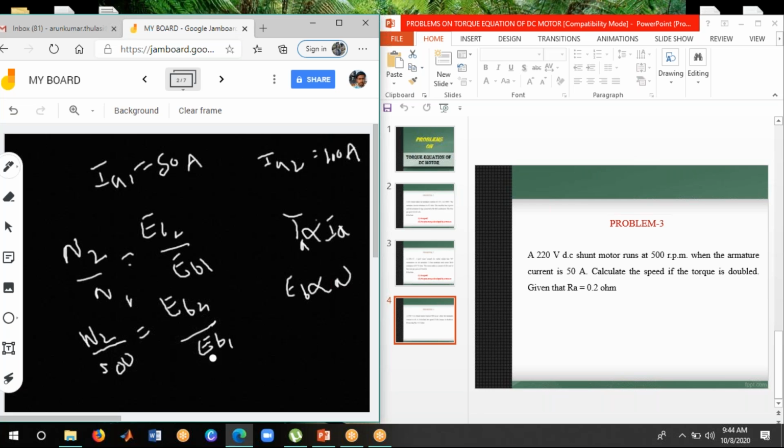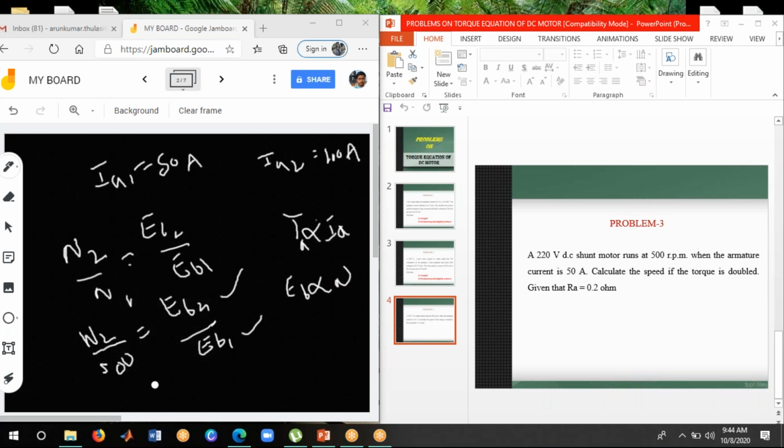Now how can we find these two values, EB2 and EB1? Which formula can we use for finding EB1 and EB2? Just think, if I give two choices, the EMF equation or the voltage equation? Right, super. So this is the equation we can use.